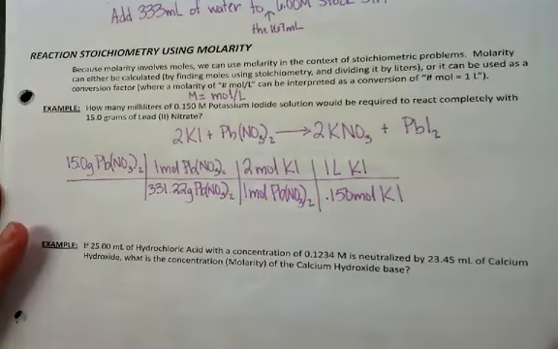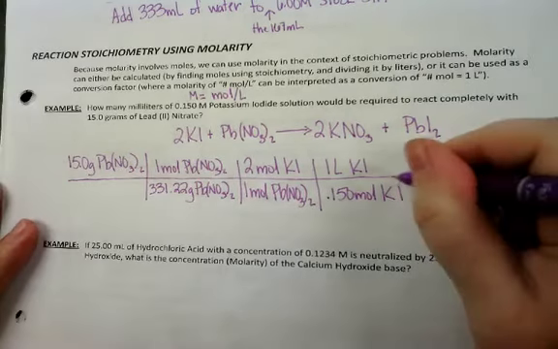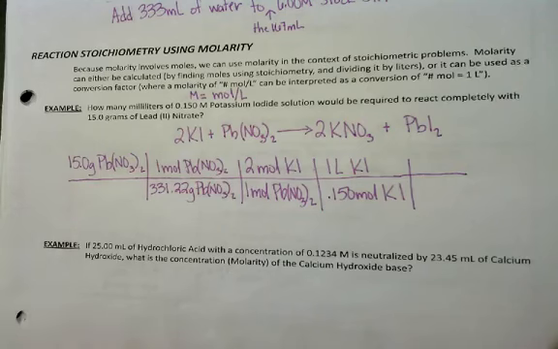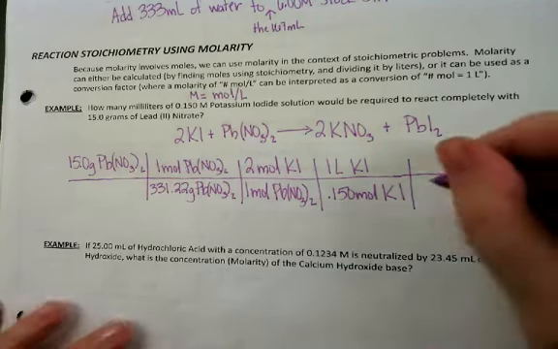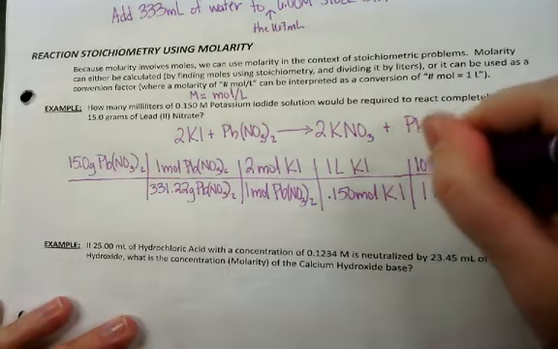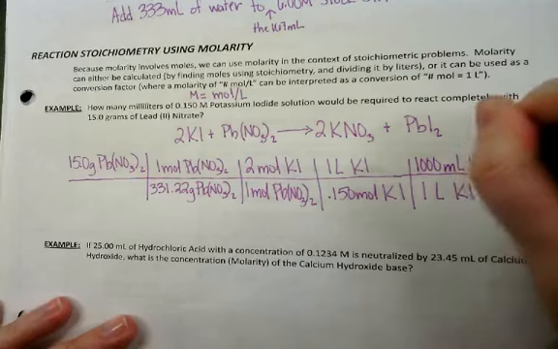And it asks us to solve for liters? Milliliters. So I don't care if you use your 1e negative 3 or your 1000, it does not matter, whichever one you prefer and are more comfortable with. I'm going to use 1000, so I'll set it up as 1 liter KI on the bottom and 1000 milliliters KI on the top.